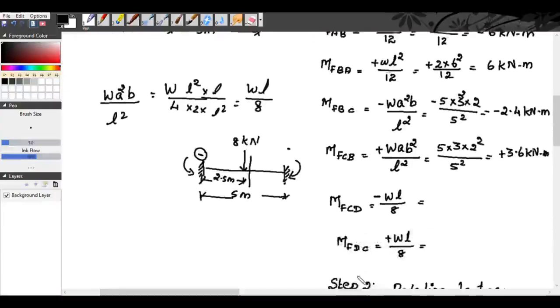Similarly, M of DC also, you substitute A equal to L by 2, B equal to L by 2, you will get plus W L by 8. So we will substitute the values.